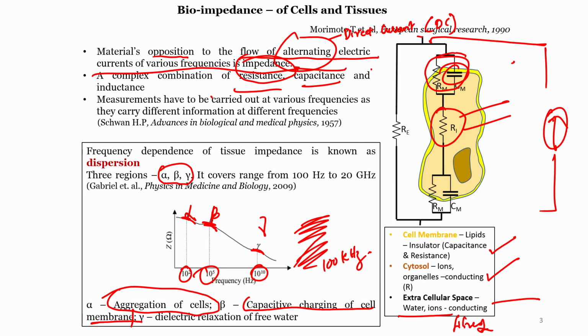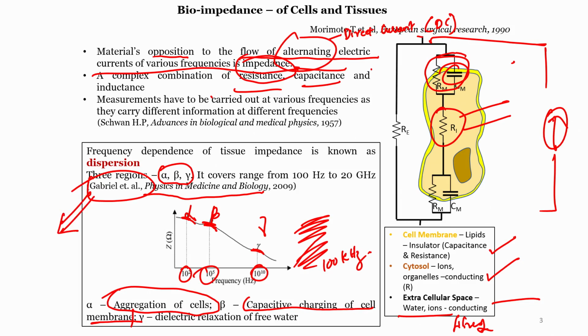So this alpha, beta, gamma dispersion is specifically for tissues, okay, and this was reported in a very nice paper in the journal Physics in Medicine and Biology by Gabriel et al. In fact, you can go and read it. Gabriel et al. have 3-4 very seminal papers where they discuss the electrical properties of cells and tissues.